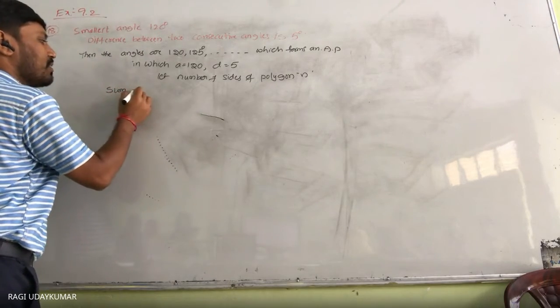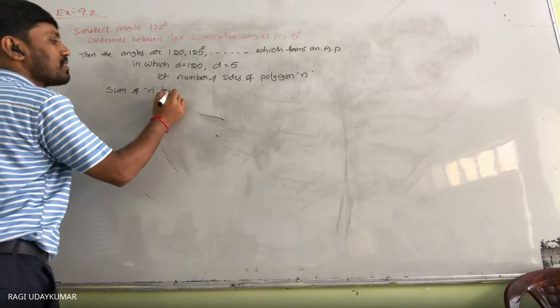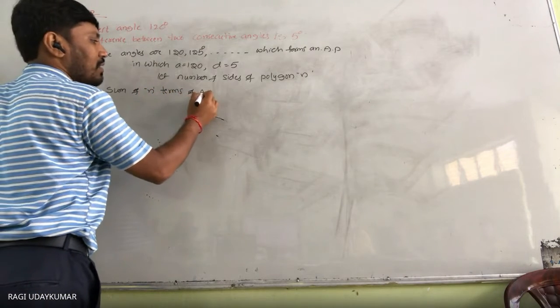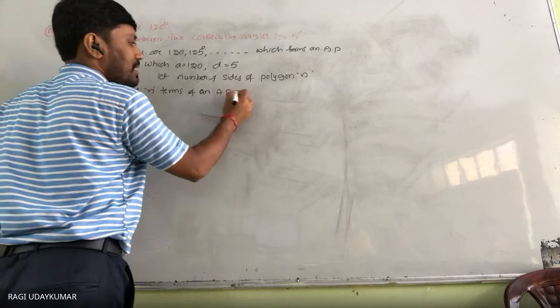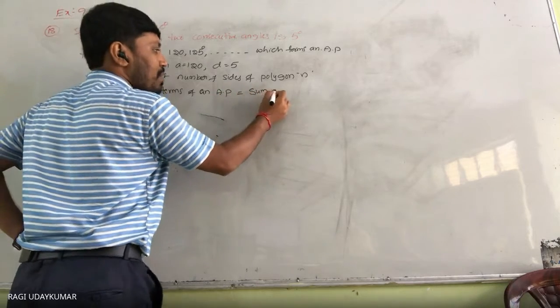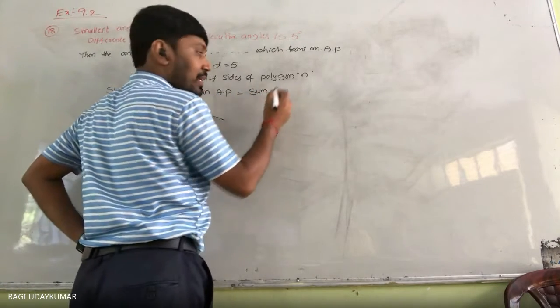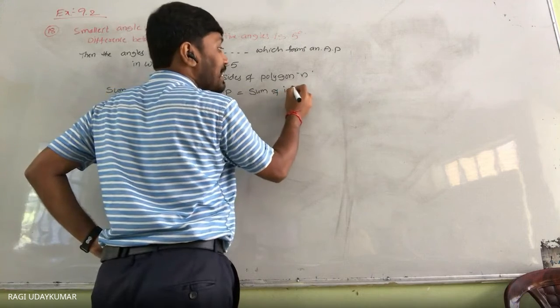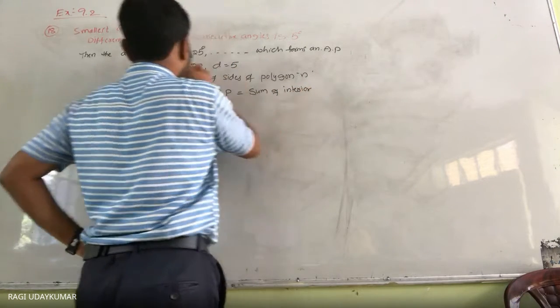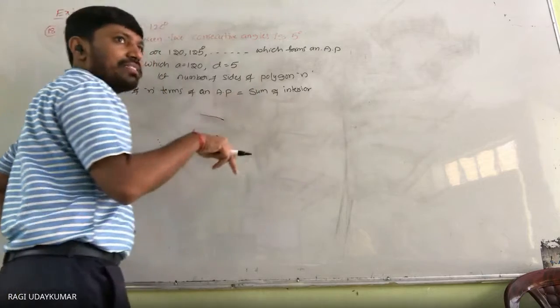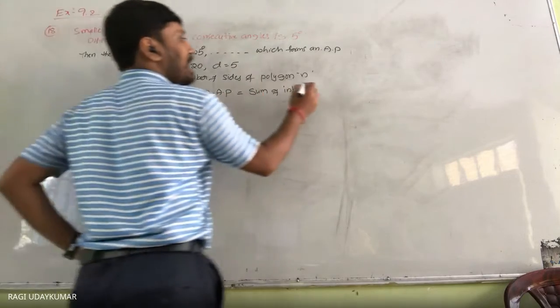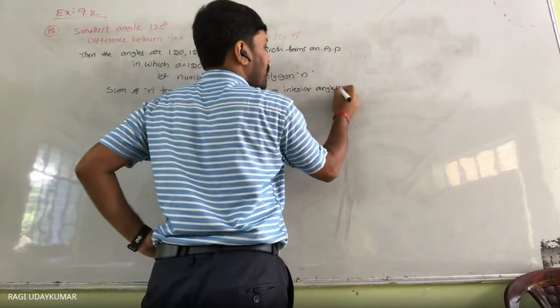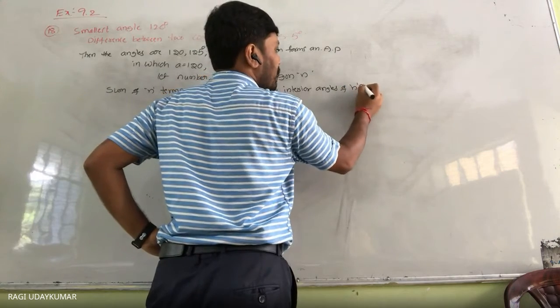Sum of n terms of an arithmetic progression is equals to sum of the interior angles of n-gon. ये सारा angles को add कर लिया तो interior angles sum आ जाएगा ना.